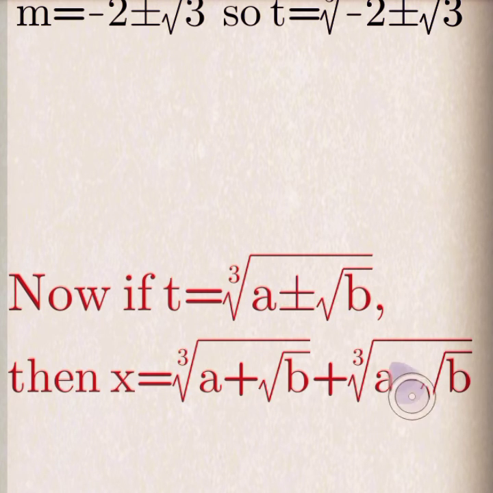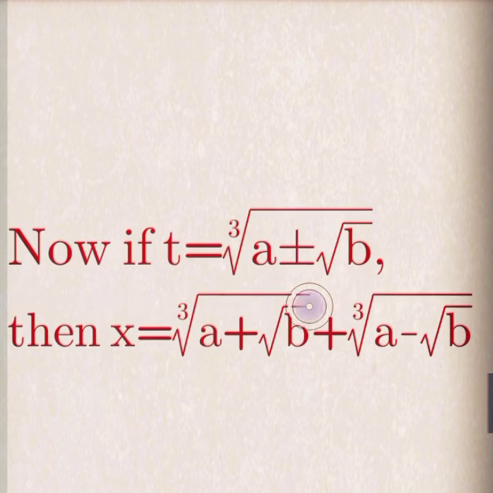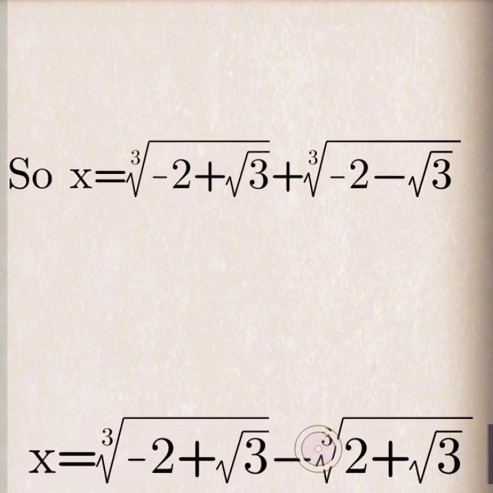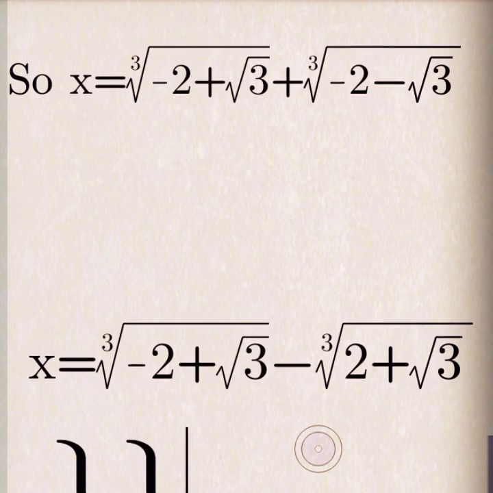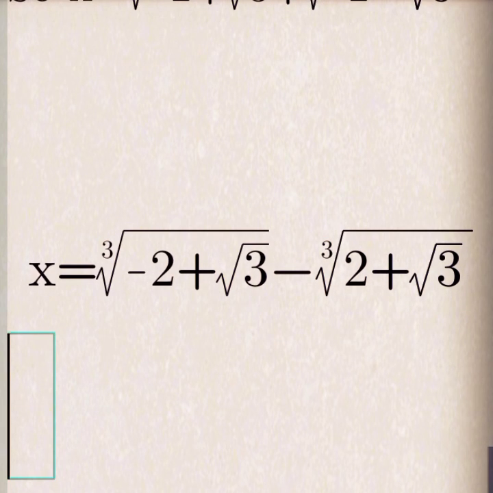So in our case, our a is -2 and our b is root of 3. So we shall just have the sum of -2 plus root 3 and -2 minus root 3. But since this is a cube root, the negative can be taken outside, it's okay. And your value of x will turn out to be that value there. In other words, this is what we are supposed to do in this question.